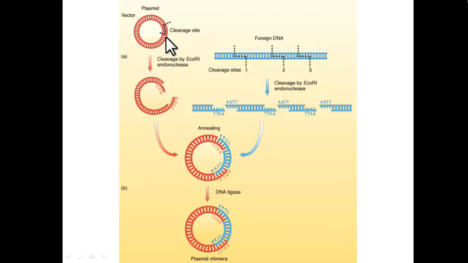If we cut the plasmid with EcoR1 as well, the overhang is going to be the same, and with the same sort of overhang or sticky end on the plasmid as on the bit of DNA that we want to insert, we can actually join them together, and we call that annealing.